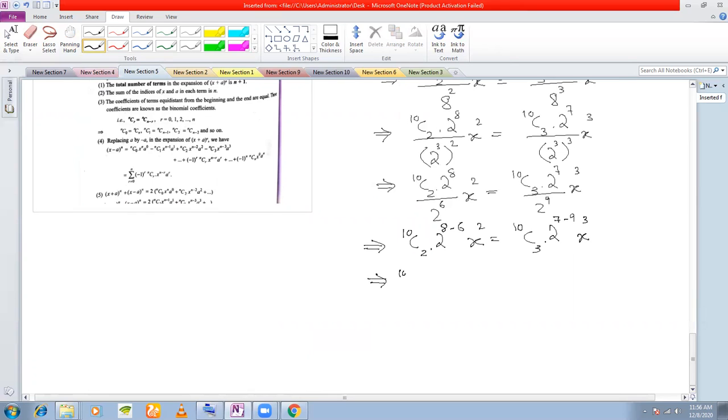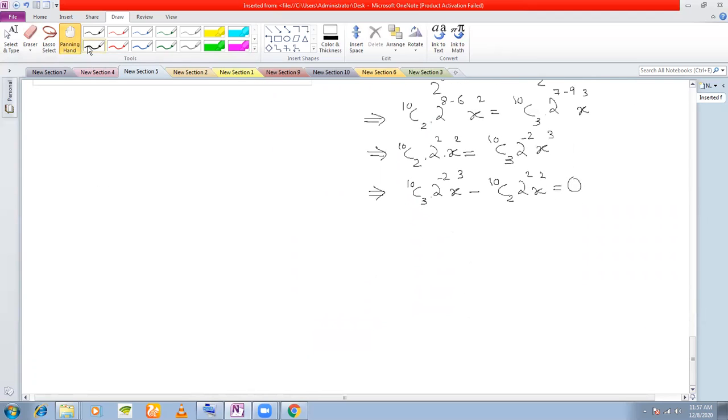That means 10C2 into 2 square x square is equal to 10C3 into 2 to the power of minus 2 x cube. Now you bring everything on one side. So what do you get? 10C3 into 2 to the power of minus 2 x cube minus 10C2 into 2 square x square is equal to 0.